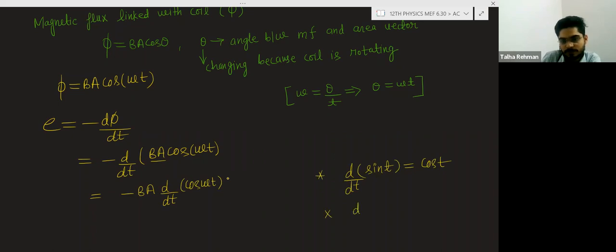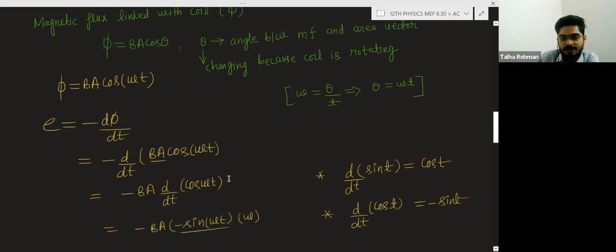When you do d/dt of cos t, you will get minus sin t. So we will put the value. This is minus BA and this is minus sin omega t, and in the denominator, there will be omega, and in the numerator, there will be omega.